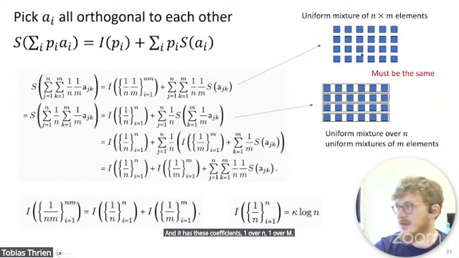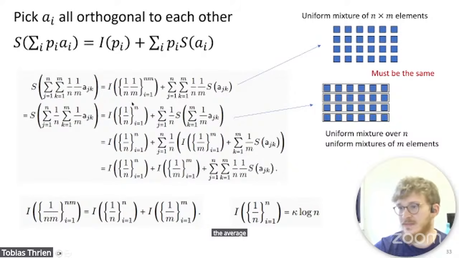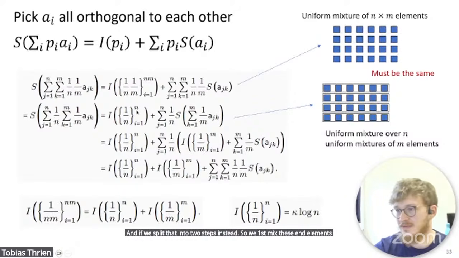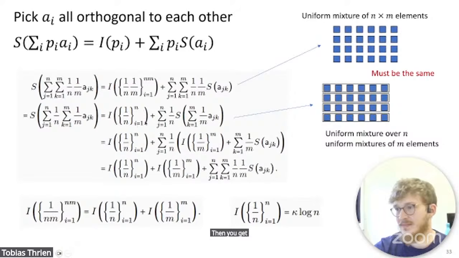So the coefficient on each individual ensemble, and then here you just get the average of the individual entropies. And if we split that into two steps instead, so we first mix these n elements, then you get just this function with a 1 over n.